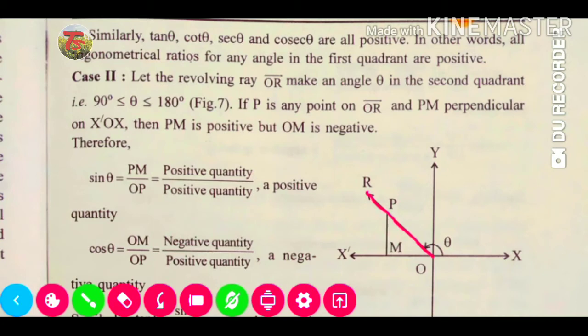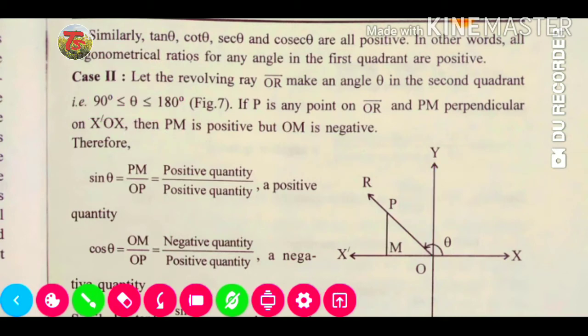This OR is making this angle theta. In the second quadrant, this angle will be more than 90 degrees, because up to this much is 90, and it is crossing the first quadrant and going into the second quadrant. So theta will be greater than or equal to 90 degrees and less than or equal to 180 degrees in the second quadrant.